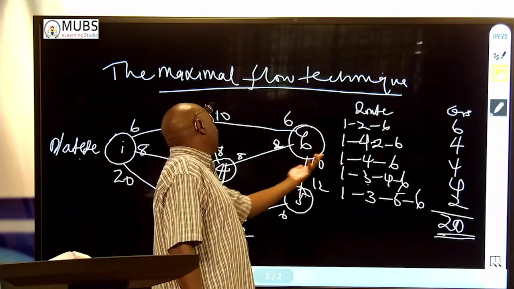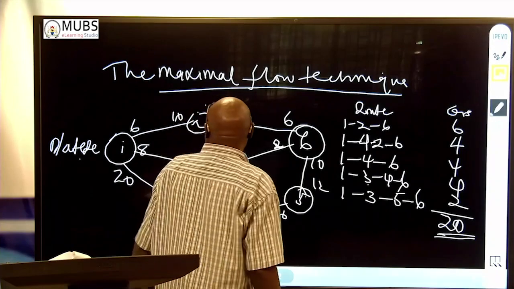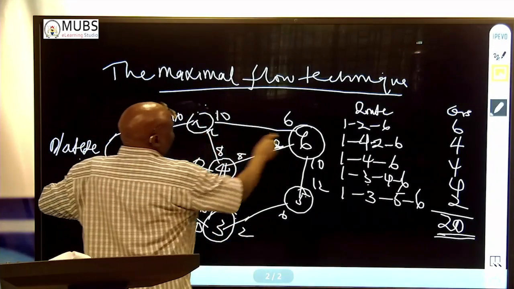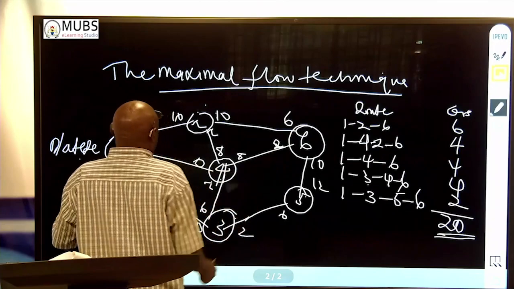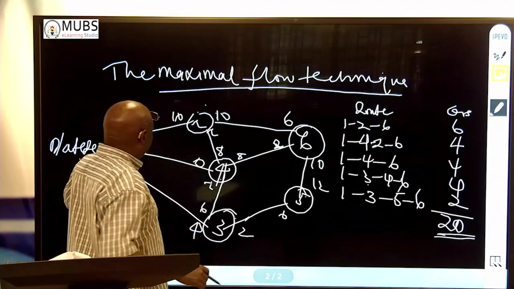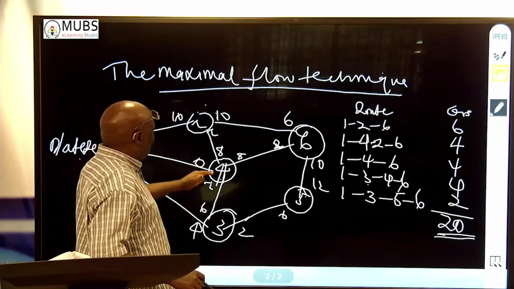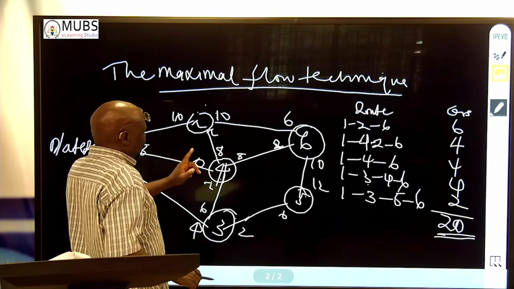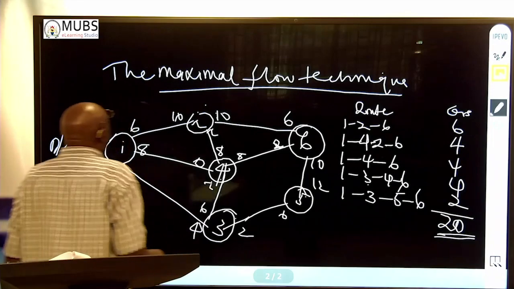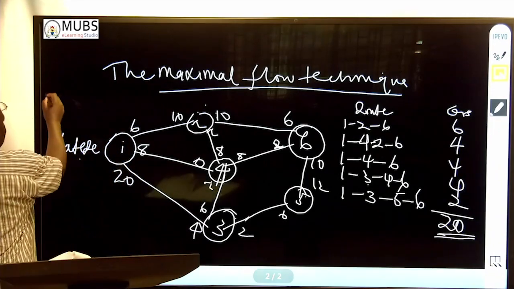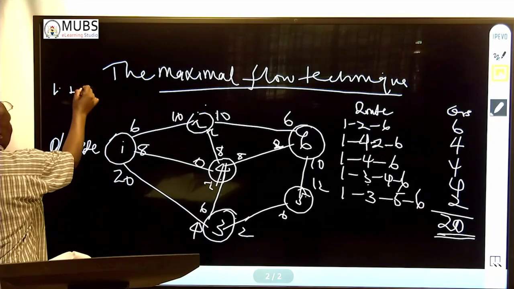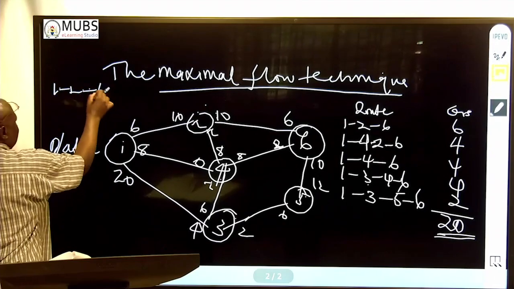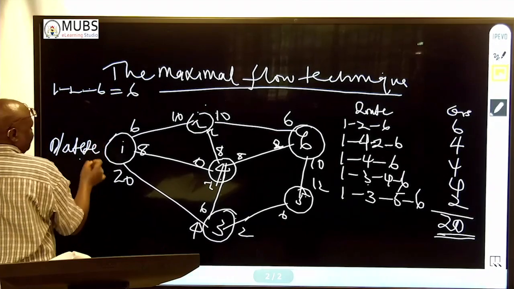You can also try from that direction to here. Like last time, we could have moved direct, or another route could have been 1 to 4 to 6, which would have given us 8 straight away. Another route, 1 to 2 to 6, could have given us 6.